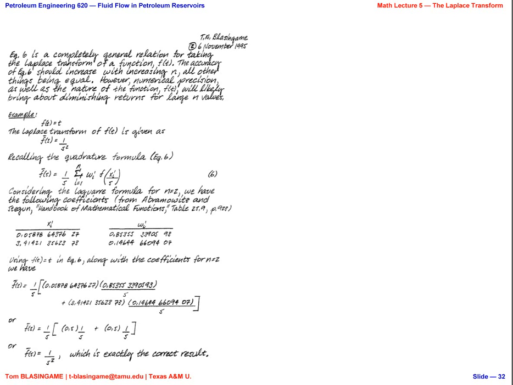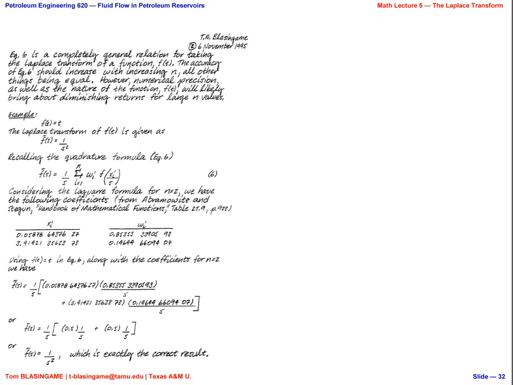So if you assume n equal 2, you expand this summation, 1 over s, which is this one, but you also have it here, right? So you can put it already here, of the weighted factor y1 x1 plus y2 x2.